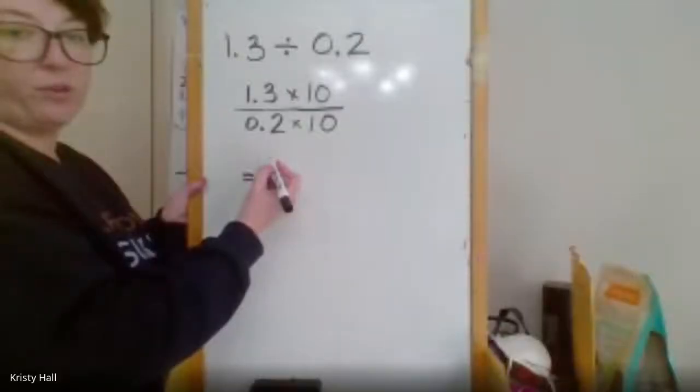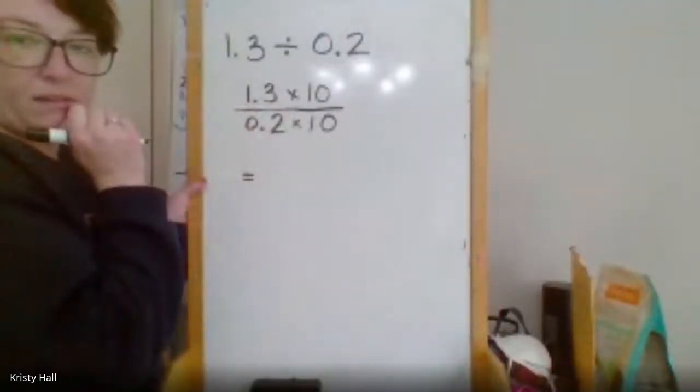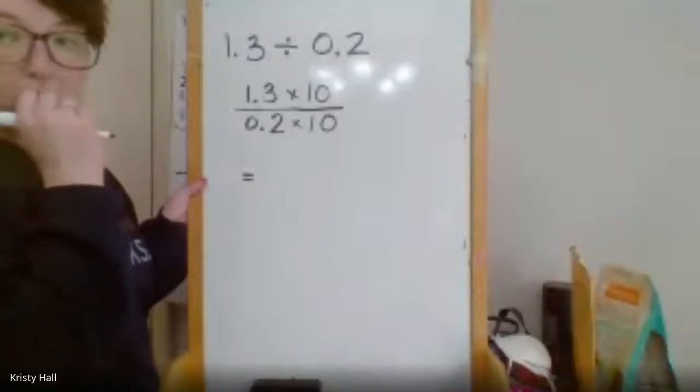What's my new numerator? 1 and 3 tenths times 10. The decimal moves one place. What number goes on the top? 3.